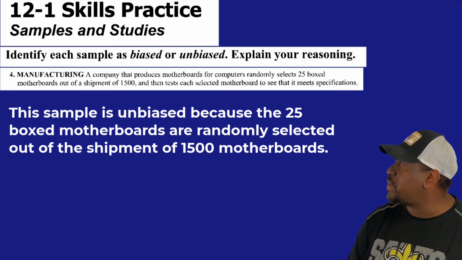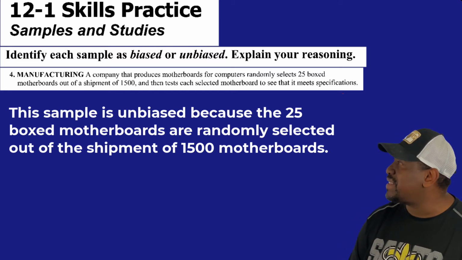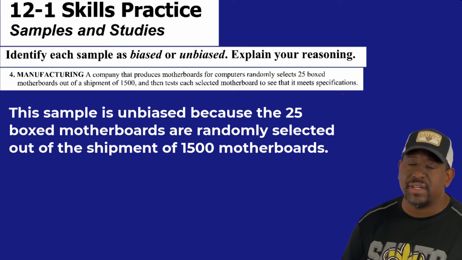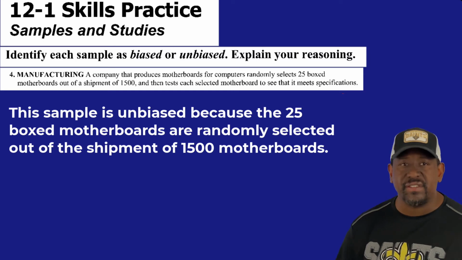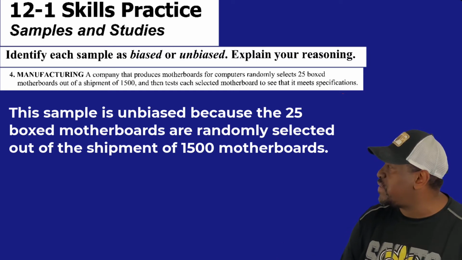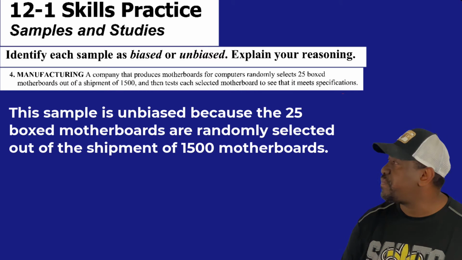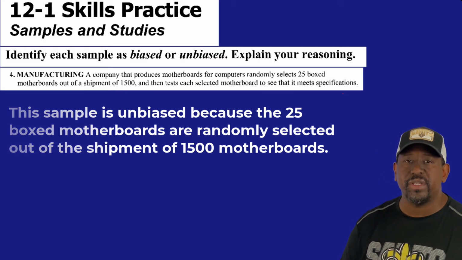It's unbiased because the 25 boxed motherboards are randomly selected out of the 1,500 that's the shipment. And so there's no bias in which one to pick. It's just picked randomly out of the 1,500 motherboards that are in the shipment. And so for that reason, we would call this sample unbiased.